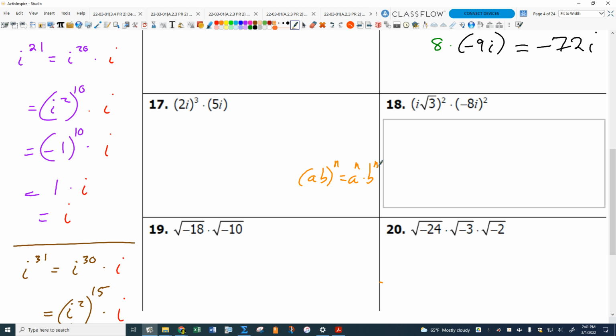Good. So if I take this whole thing, that's equal to 2 cubed times I cubed. 2 cubed is 8. I cubed. Think about I cubed now. That's I squared times I, right? What's I cubed going to be? Negative I. Good.